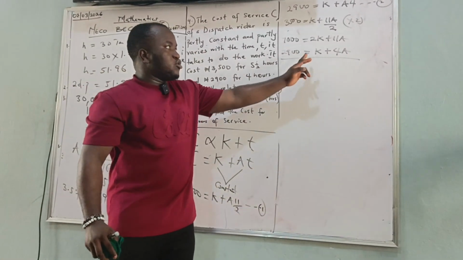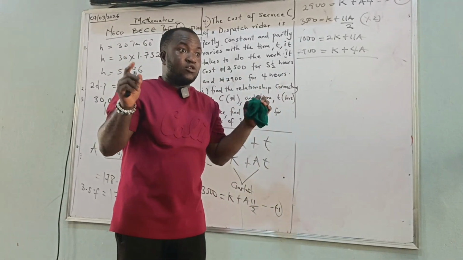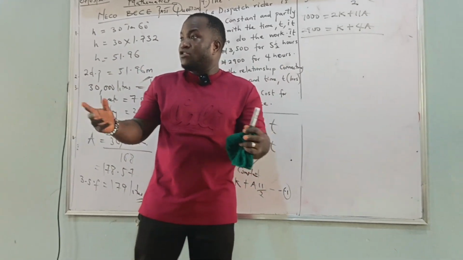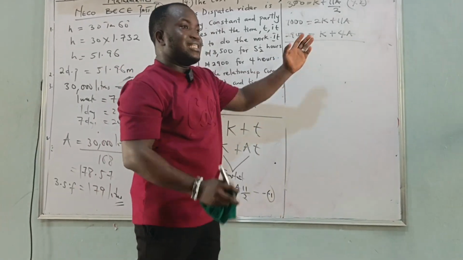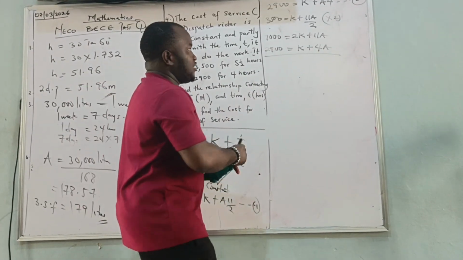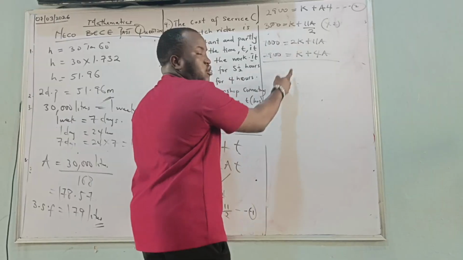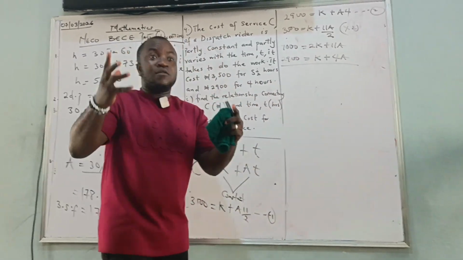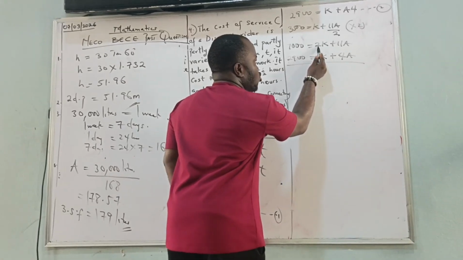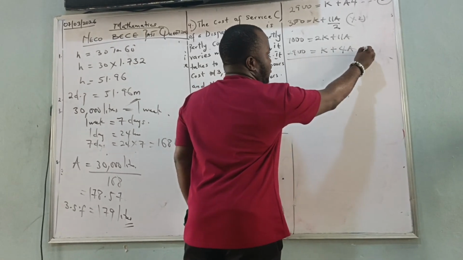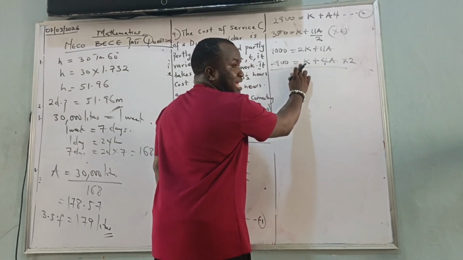To solve this, you can use the substitution method or the elimination method, but the easiest is elimination. For elimination, the coefficients are not the same here. So how will I make the coefficients the same? Very easy. This one is 2, this one is 1, so let me multiply this one by 2.